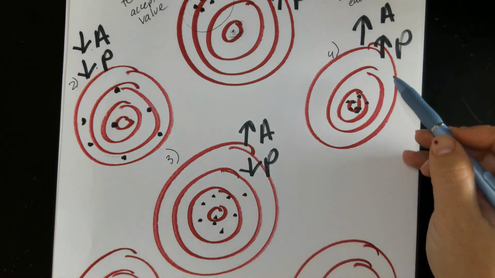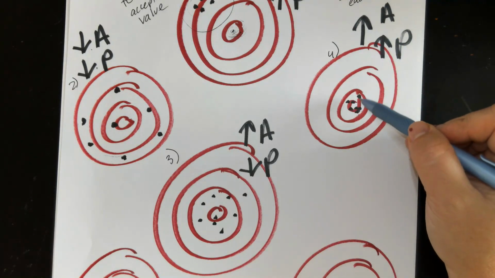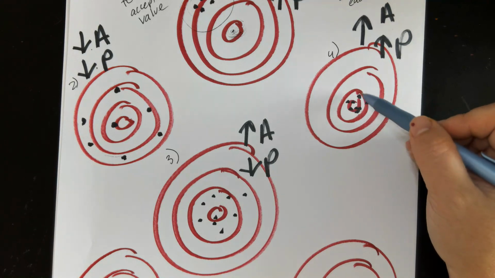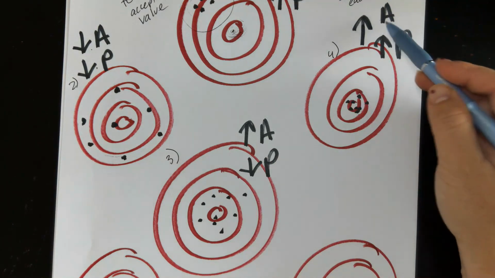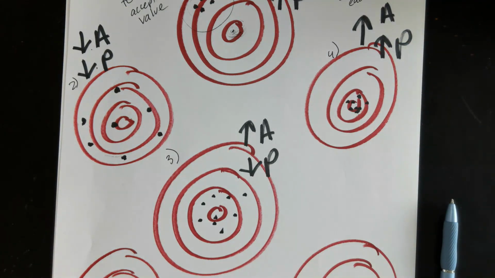Okay, number 4, these are all revolving around the bullseye center itself. So we're very accurate and we're very precise. I know they're generic drawings, but hopefully they are beneficial. We are going to do tons of practice, especially with a little Nerf gun in class.